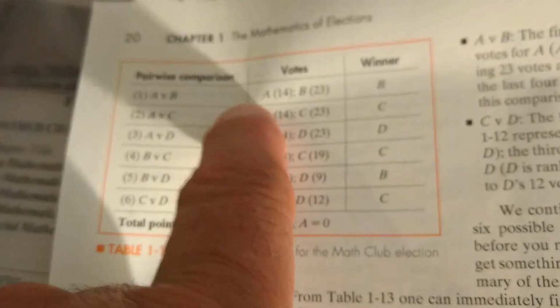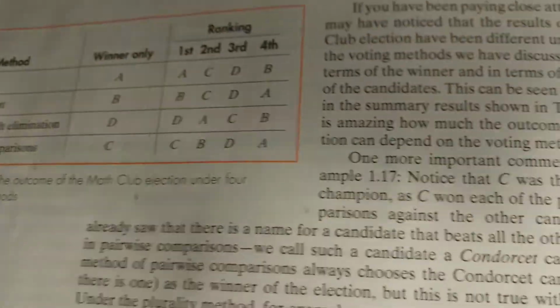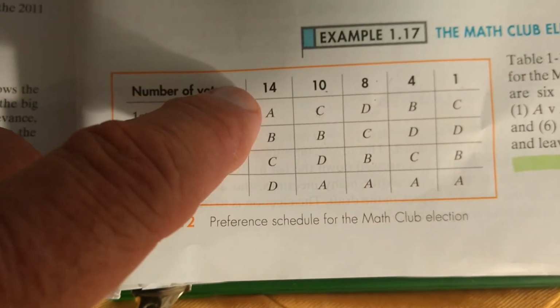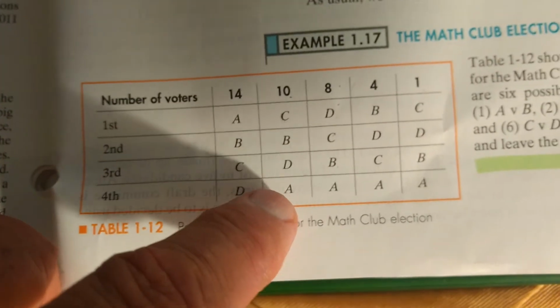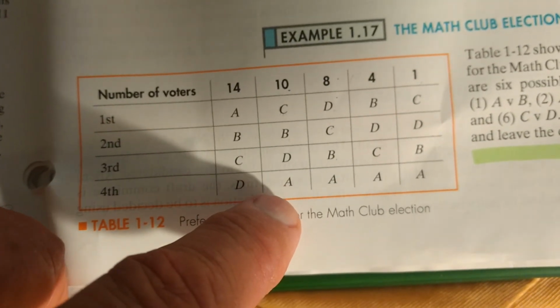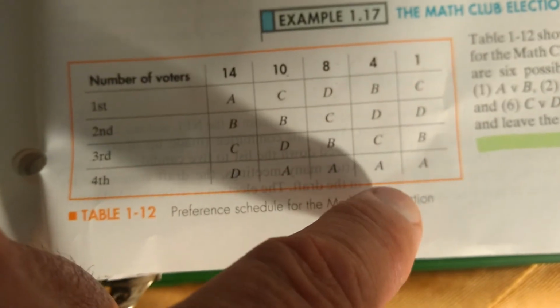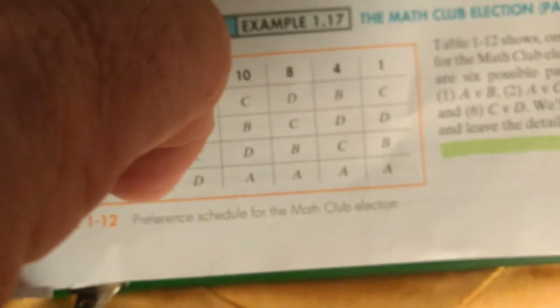B actually beats A, because just because A got the most first place votes, if you look at the other voters, they considered A the worst candidate because it was their fourth place vote choice. This happens a lot. You have to be careful with it.